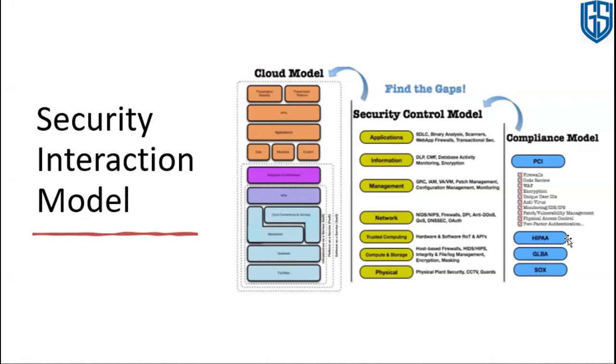So the HIPAA model is another compliance model which should be understood and incorporated by each of the companies, and they ought to secure the data under the HIPAA model.